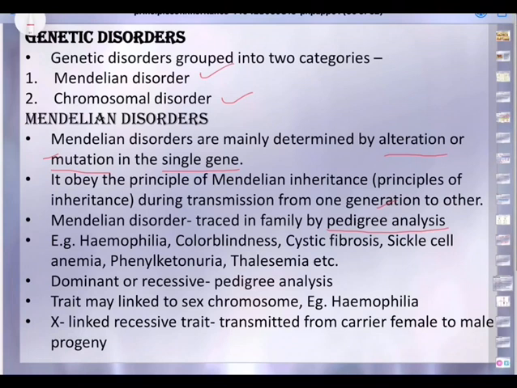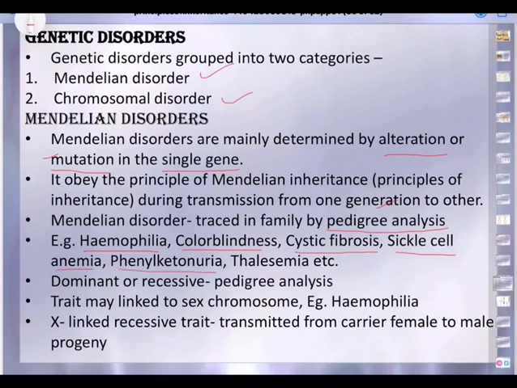Mendelian disorders are traced in a family by pedigree analysis, which we were discussing in our previous session. Pedigree analysis is a tree through which we can analyze the possible path of a gene or missing gene. So by knowing the genotype, we can understand the possible missing gene. The Mendelian disorders are many.